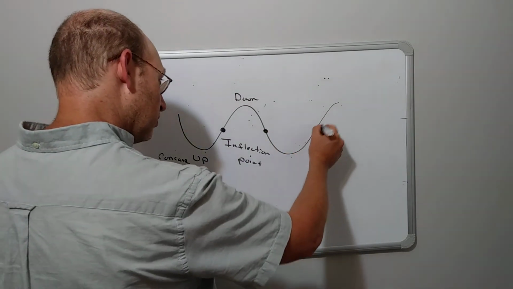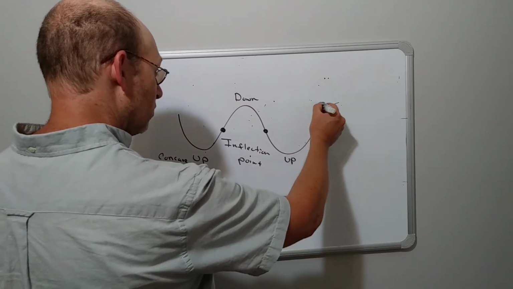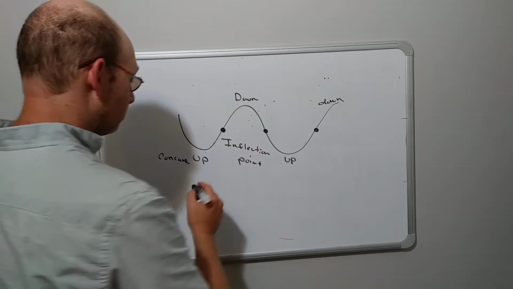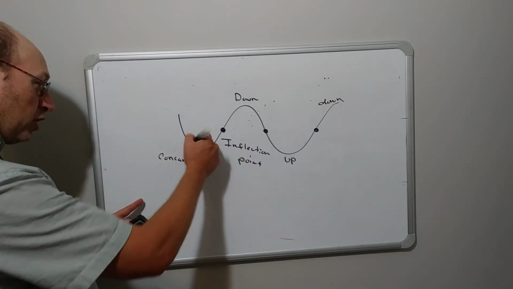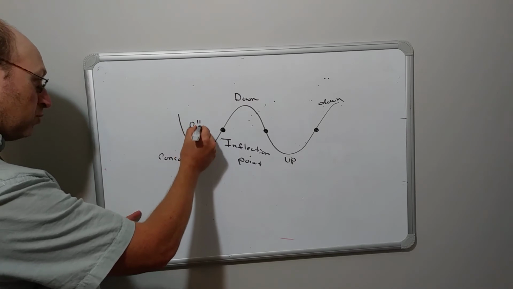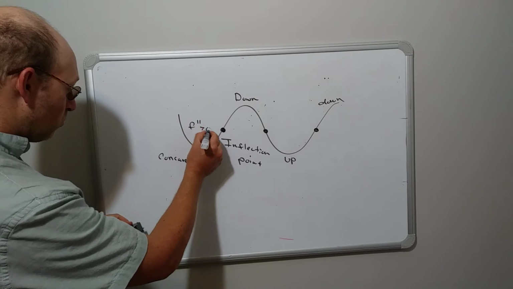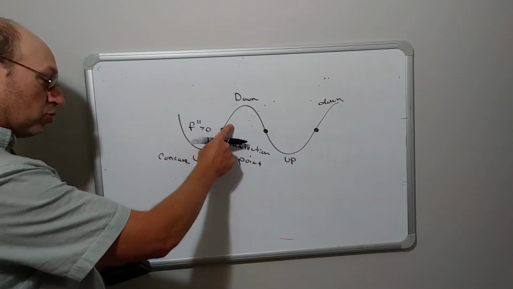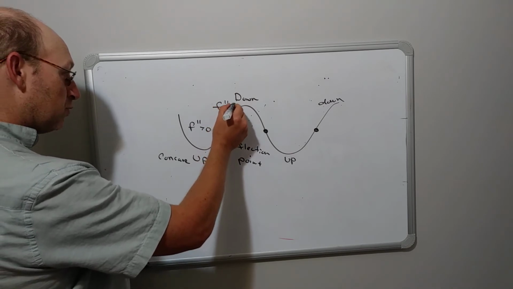And it looks like there's one here. So here we're concave up, here we're concave down. But look what happens. Over here to the left, the second derivative is greater than 0. To the right, concave down, the second derivative is less than 0.